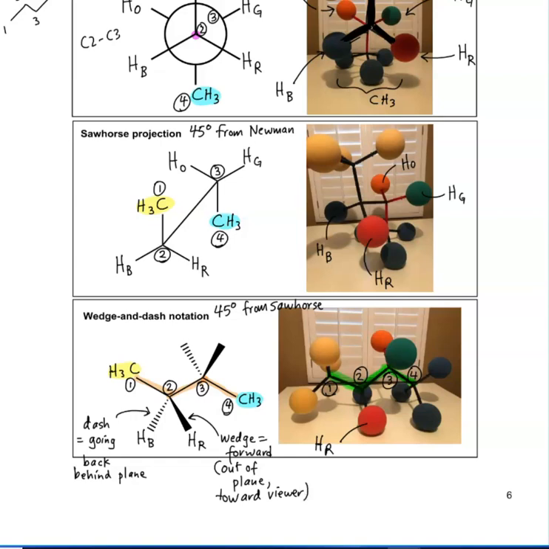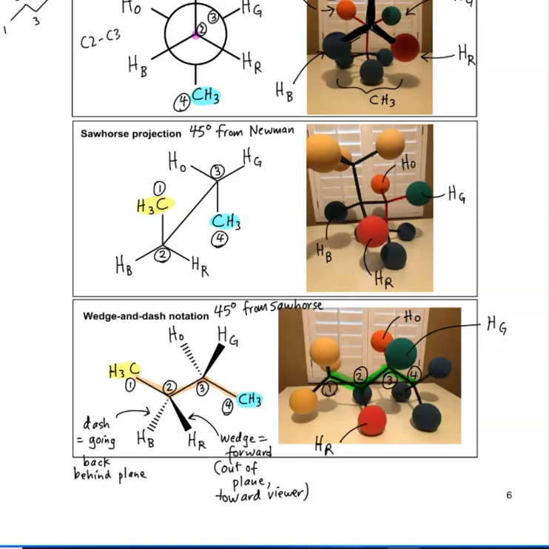What's coming forward at carbon 3? Well, it looks like it's this green hydrogen, and it looks like the orange hydrogen is pointing back. So we'll put HO on the back bond and HG on the forward bond.